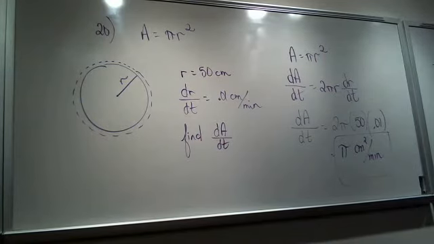Number 23 is the ladder problem, and it has several parts to it. So 23. A ladder 13 feet long is leaning against a house when its base starts to slide away. By the time the base is 12 feet from the house, the base is moving at a rate of 5 feet per second.